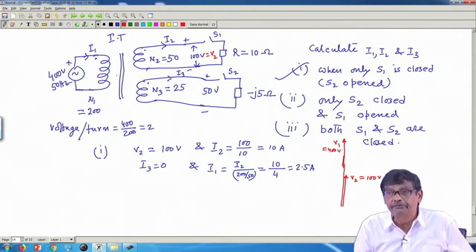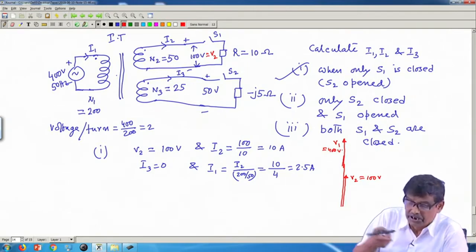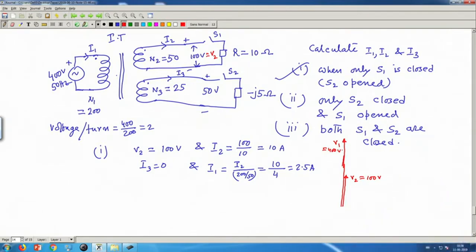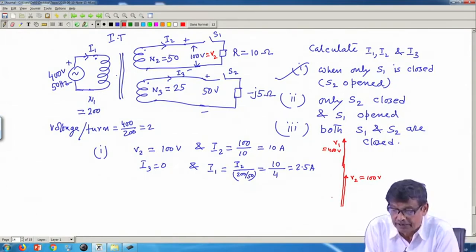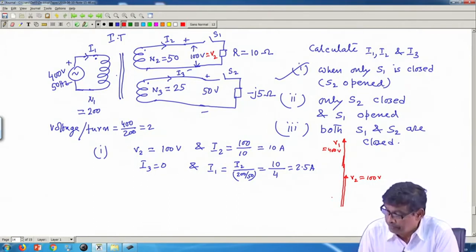All voltages are in phase, V 1, V 2, E 1, E 2, there is no distinction between E 1, E 2, E 3, E 4. And what will E 3 be? E 3 is how much? 50 volt. So, E 3, V 3 will be there.